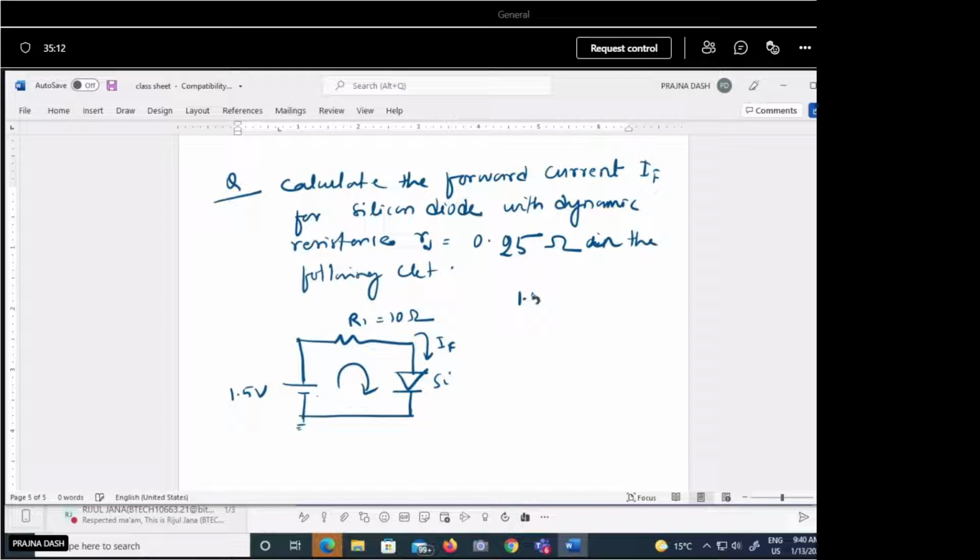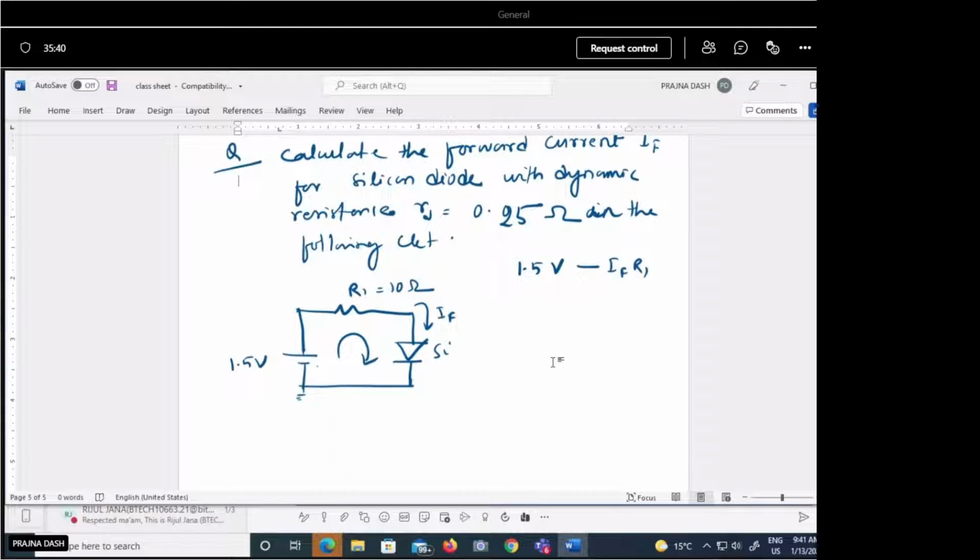So this is 1.5 volt minus, the same current will flow through this circuit, so IF into R1. And here the silicon diode is there. The silicon diode can be replaced by its 0.7 volt DC source and one dynamic resistance RD, and it is in the forward biased mode.